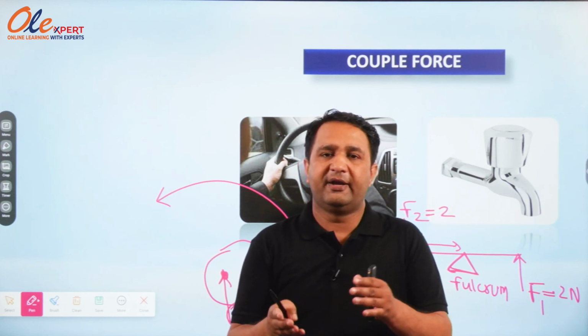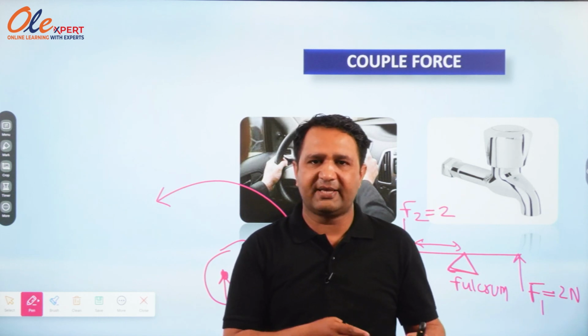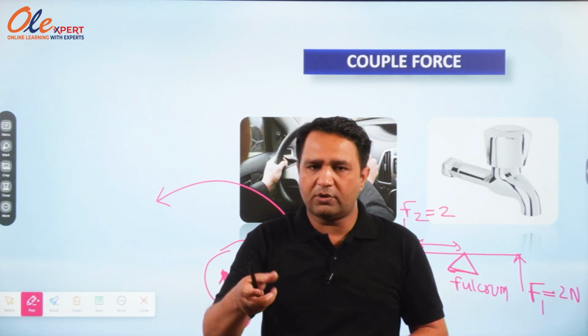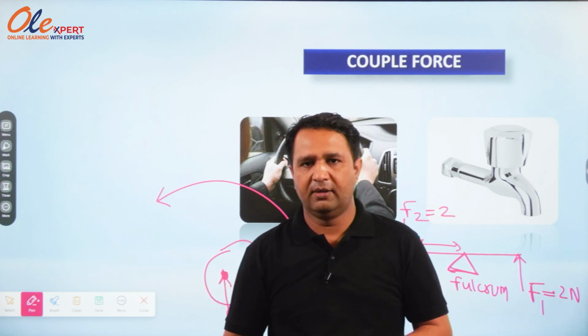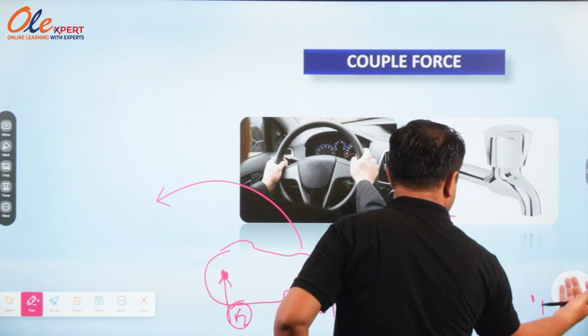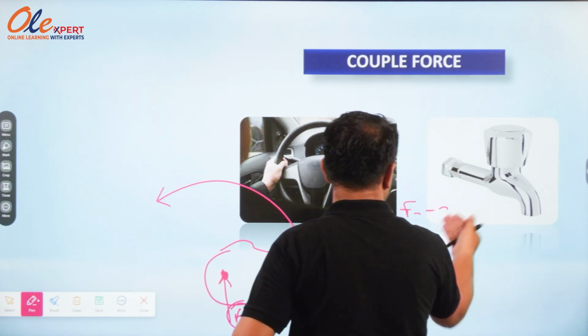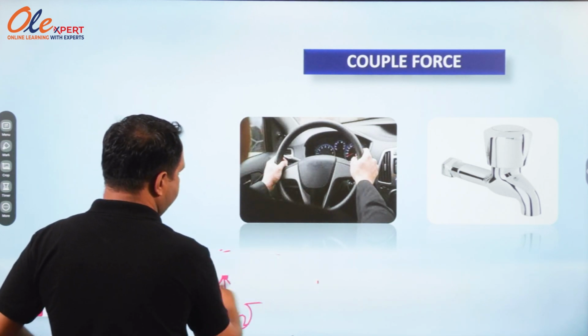This reaction force which is applied against the external force, when both forces are considered together, will become a couple, a couple force. As you can see here, there are many examples of couple force. One example is a tap.